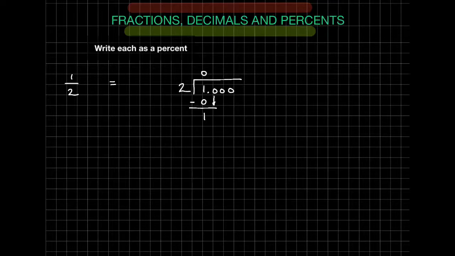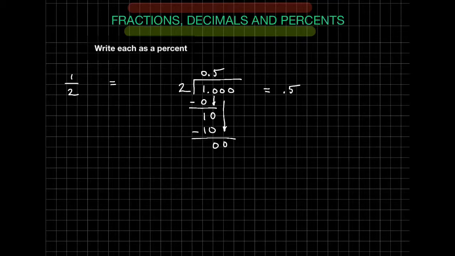And then we bring this 0 down. And since we're at the point where this decimal is, we need to bring it up. Put the decimal there. Now 2 goes into 10 5 times. 5 times 2 equals 10. 10 minus 10 is 0. So we know we're done, right? So 1 over 2, or 1/2, as a decimal equals 0.5.